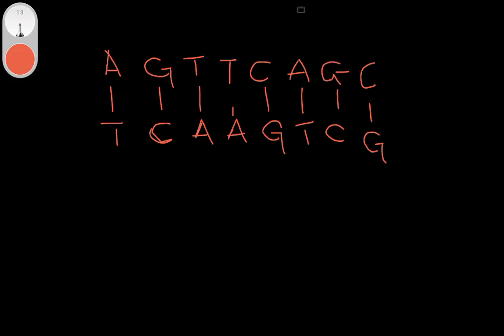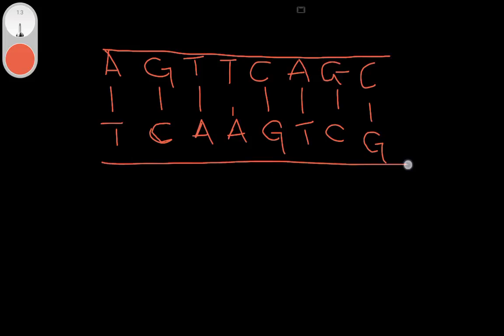So this is basically one strand, and this is another strand. So it's easy now for you to understand how the bases bind, and also the structure of DNA and what influences the binding of DNA bases.